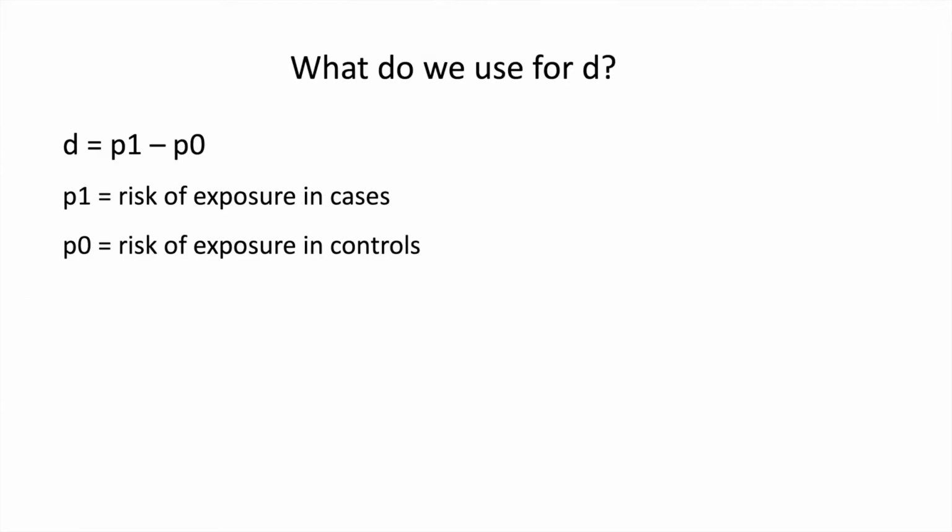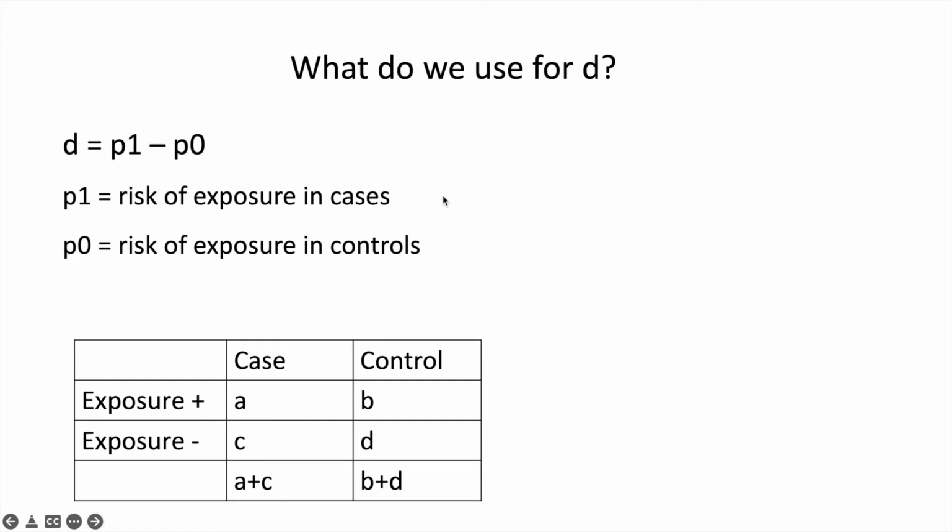So D here is the difference between P1, the risk of exposure in cases, or proportion of cases exposed, minus P naught, which is the risk of exposure in controls, or the proportion of controls that are exposed. This is a pretty common table, a 2x2 where we have case and control by exposure positive and negative.